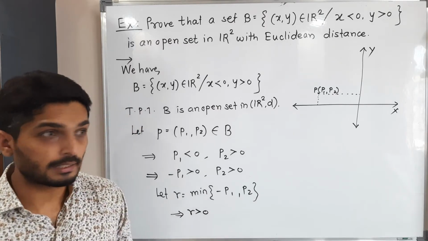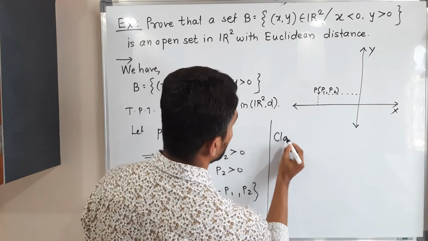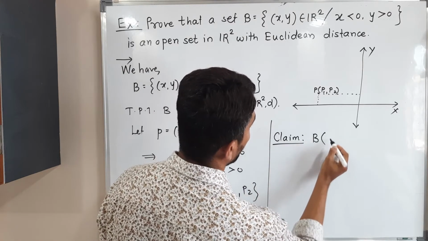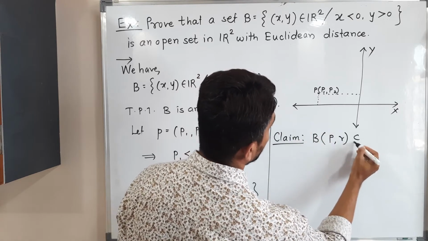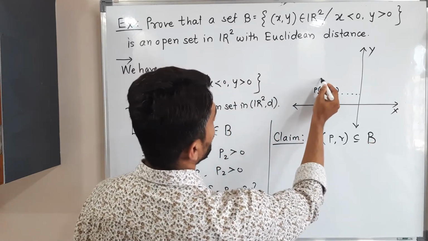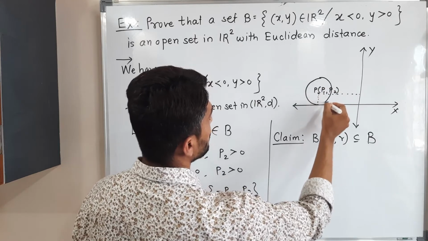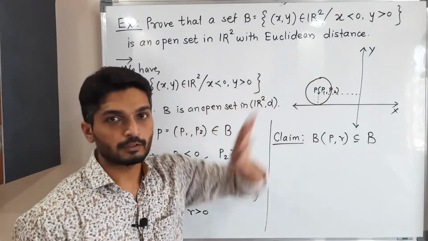Now my claim. What is my claim? My claim is, if you consider an open ball having center P and radius R, then it will entirely lie inside set B. That means if you draw an open ball like this, having center P and this radius R, then it will entirely lie in B, where B means the second quadrant.